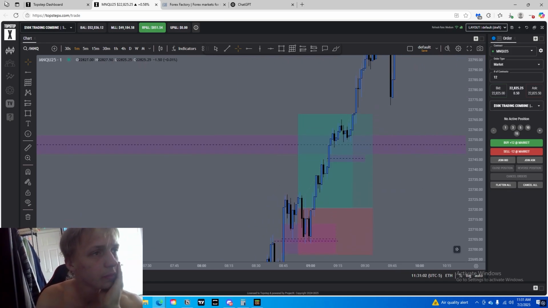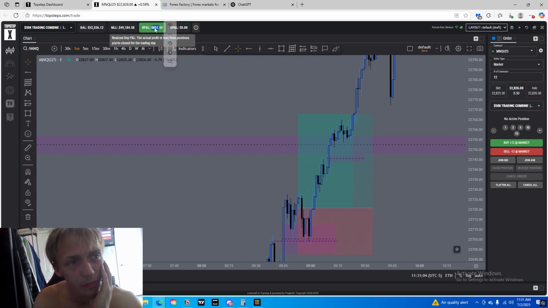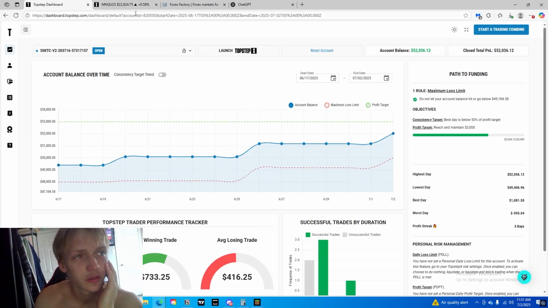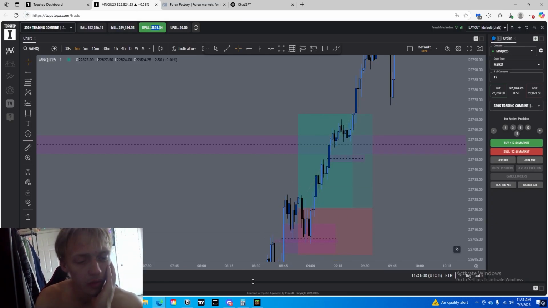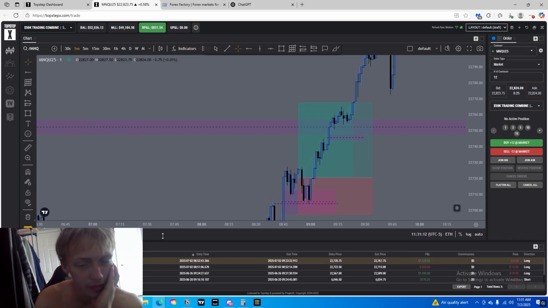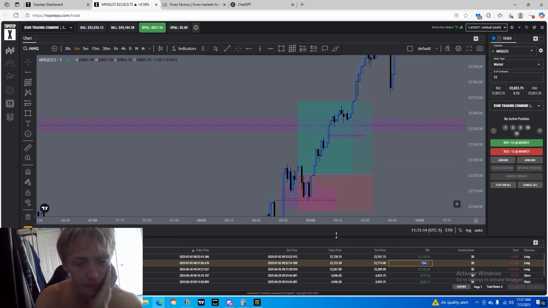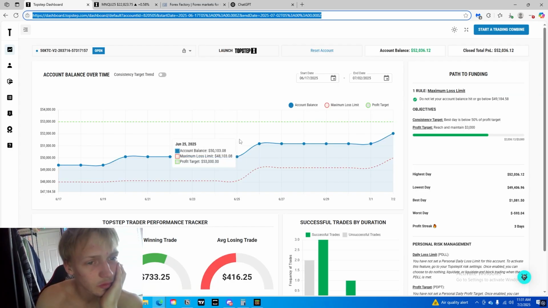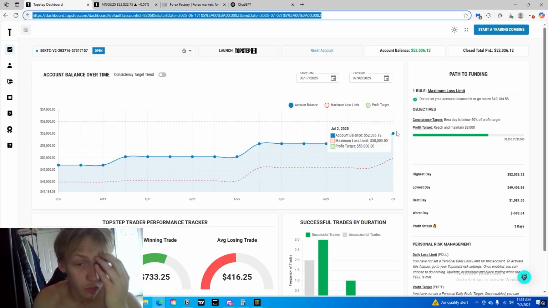And we are currently only up $800, but I got 1,100 from the trade, and I'll explain this 255 loss in a second. But now we are one trade away. We're a $500 trade away.